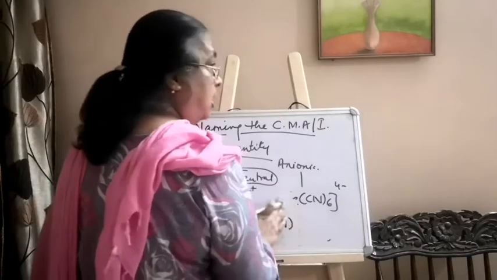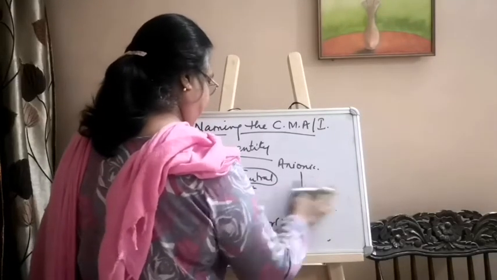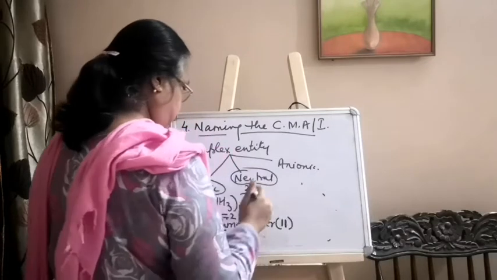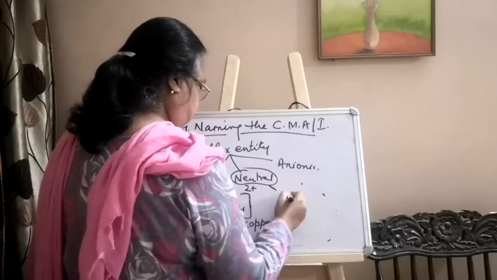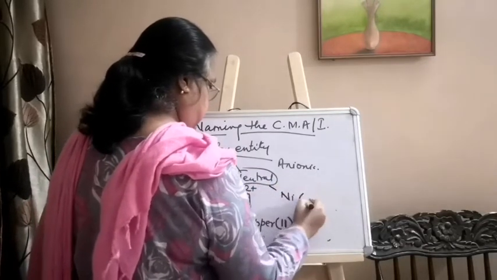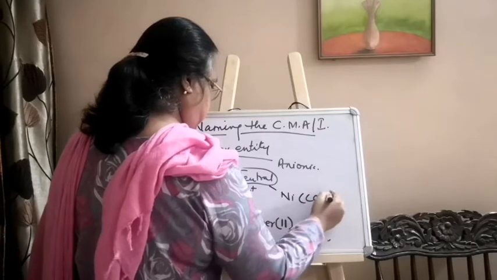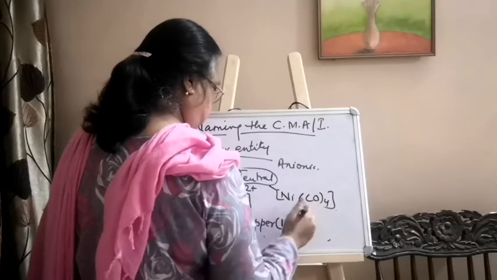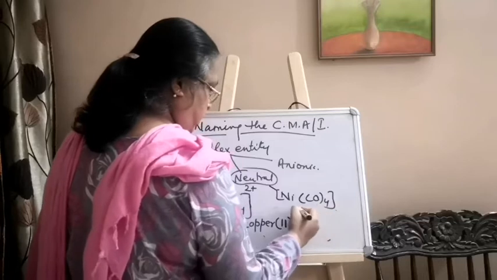Now, for a neutral complex, if I take Ni(CO)4, it will be tetracarbonyl.